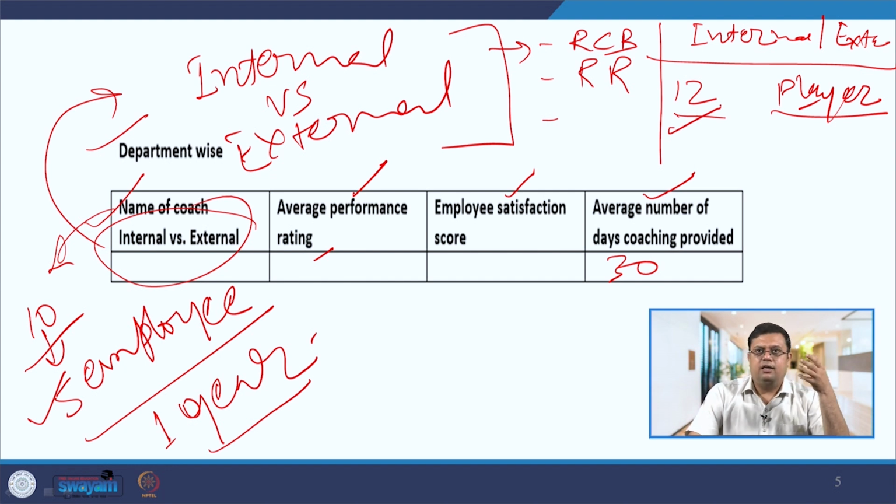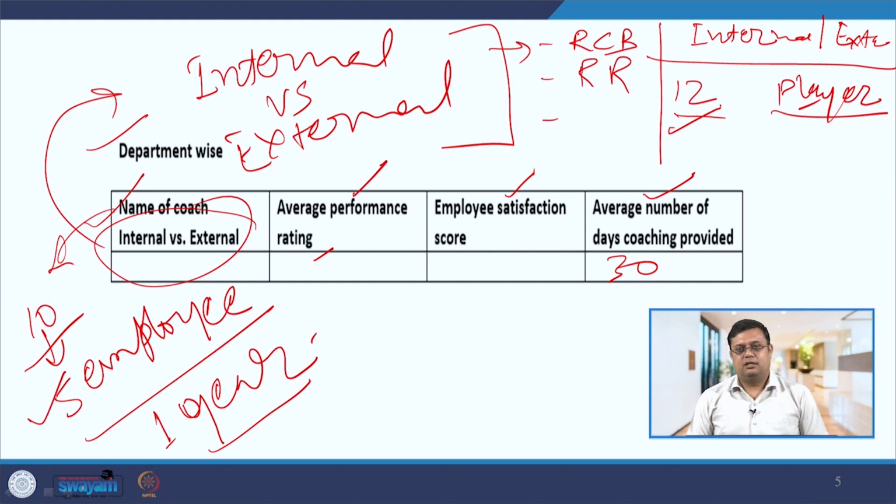Accordingly you can take a decision whether you should hire an internal coach or an external coach for your organization's employees. You cannot say that because internal coaches are more effective in my organization, they will be more effective in other organizations too.